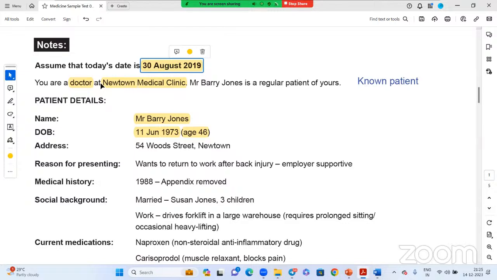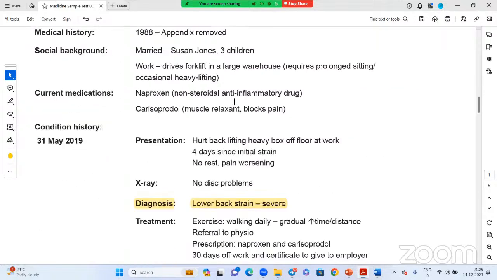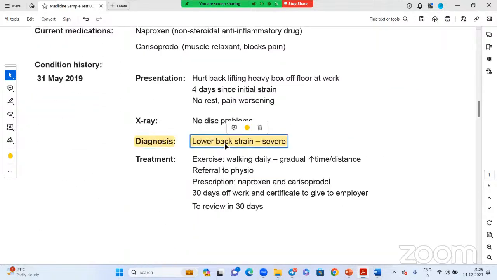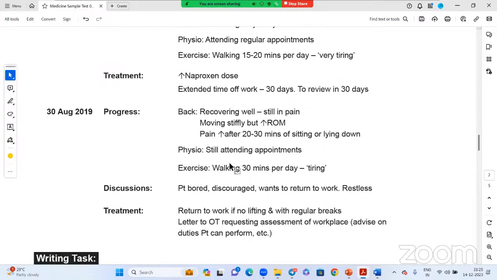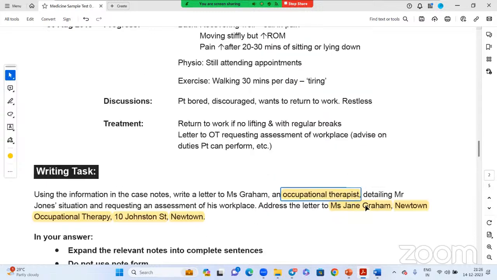This is the date, this is your address, and this is the name of the patient and the age. And this is the diagnosis. This we'll write afterwards in the introduction. And here the address. That's it.